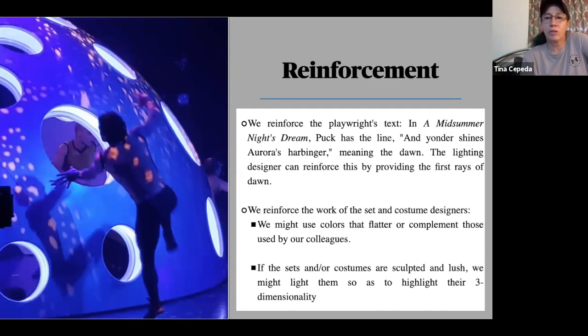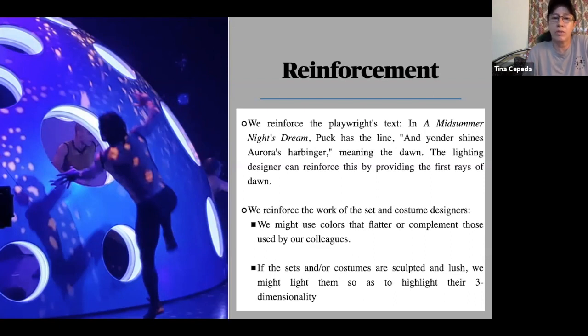So reinforcement is something we do when we want to emphasize the playwright's text. Obviously, the lighting designer can reinforce that by providing rays of light, creating a setting of what it looks like when the sun rises as far as color goes.